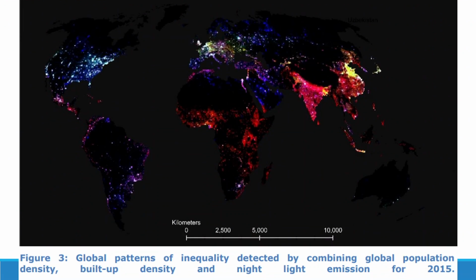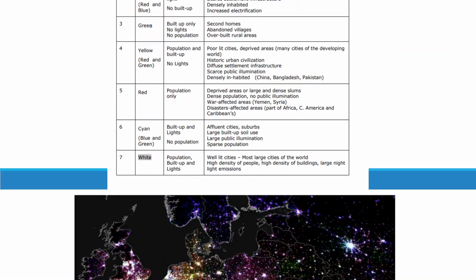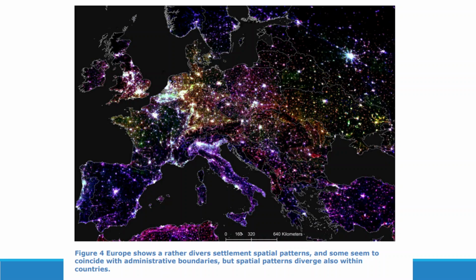This picture shows trends of global inequality in the world in terms of built-up densities and light emissions. These different colors signify different types of development densities, such as poorly lit or diffuse settlements, infrastructure, deprived regions, more slums. Overall, you can see that this is Europe, and it shows diverse spatial patterns, and white lights are the main cities.